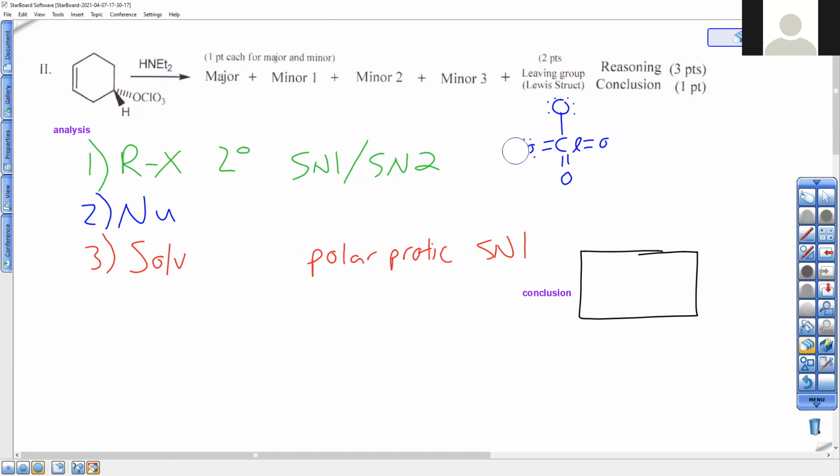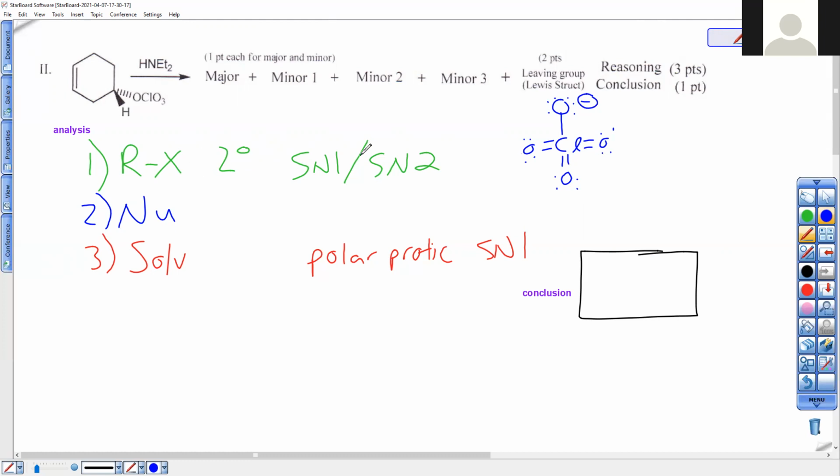Shame on teacher. Still got my chunky fat eraser going. Let's get rid of that lone pair. No octet violations allowed. Don't forget your formal charge. That thing is so resonance stabilized, it's very stable. Okay, there's your leaving group. It qualifies as an X.